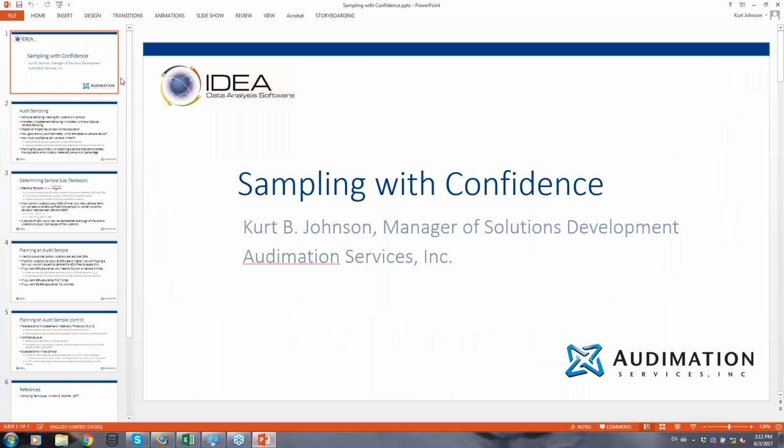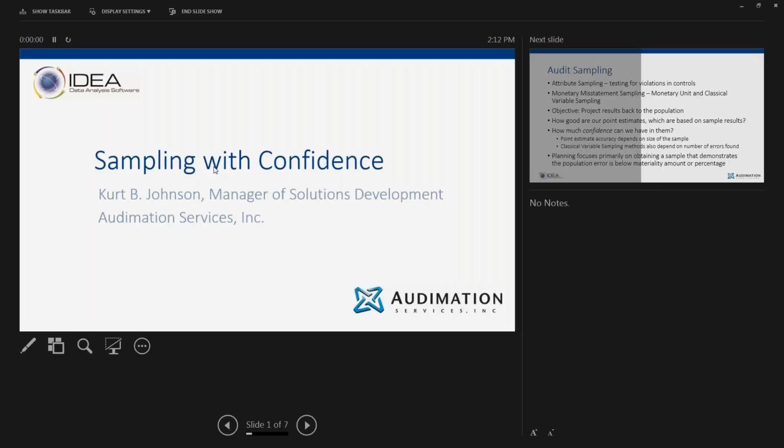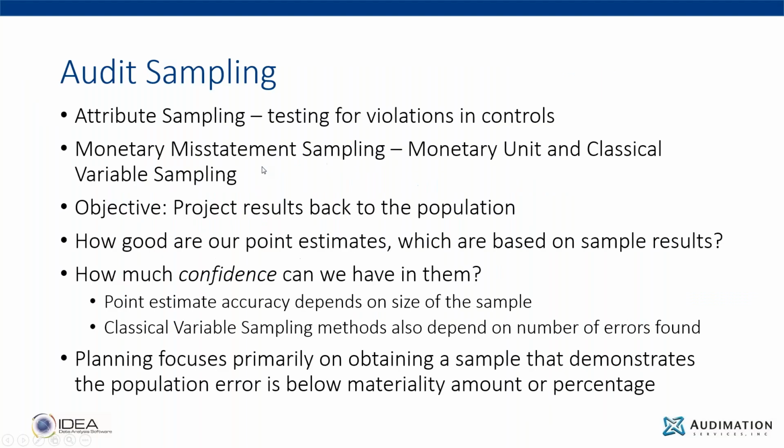So let's go back and look at how we could construct a sample with confidence that would allow us to really project some good results. So based on what we saw there, we have 2 types of audit sampling that we want to be able to perform.